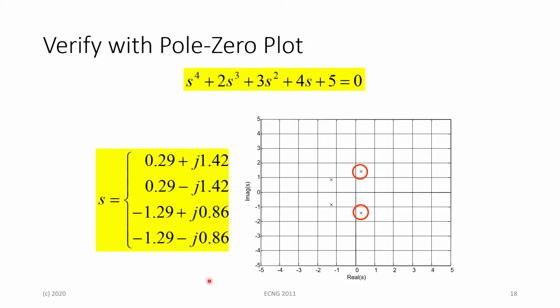Now remember, the Routh-Hurwitz table can only tell you if the system is stable and how many poles lie on the right-hand side of the S-plane. It cannot tell you the physical location, and in order to obtain the physical location, you need to solve for the roots of this characteristic equation.